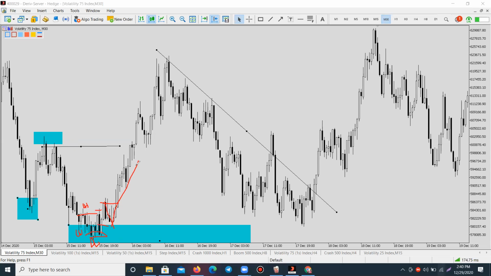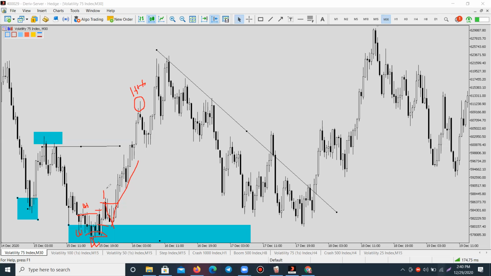So for you not to confuse the big picture of the market, we know the big picture on the H4, we're still bullish. But on the low time frame, the market is doing this other business just to confuse people. Then the market prints a higher high, the one that is here.